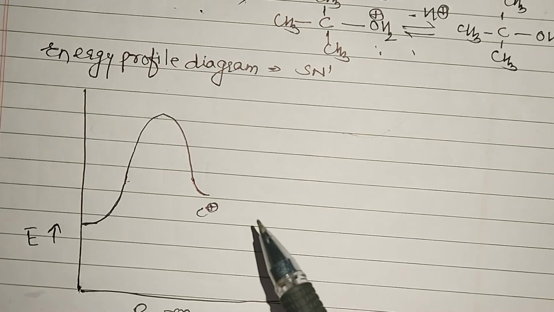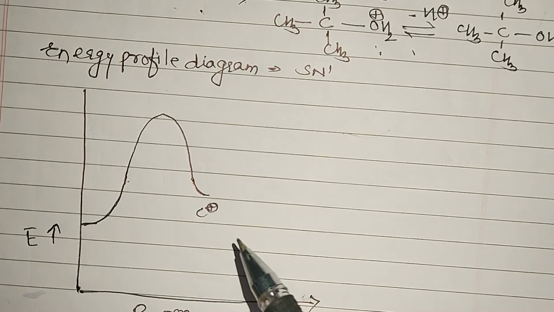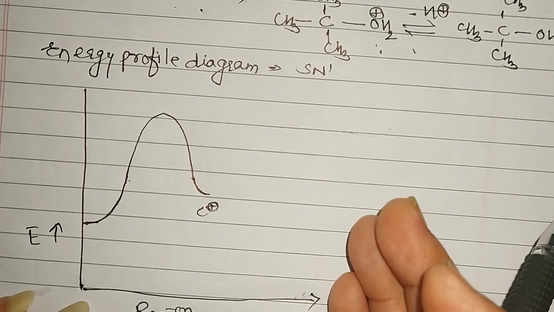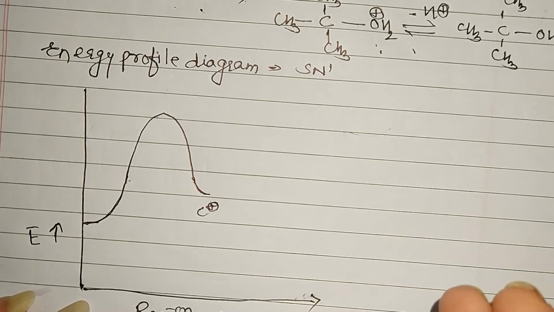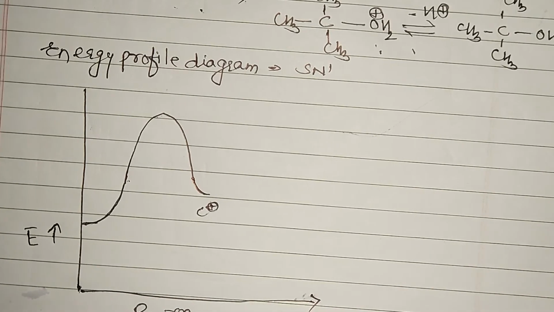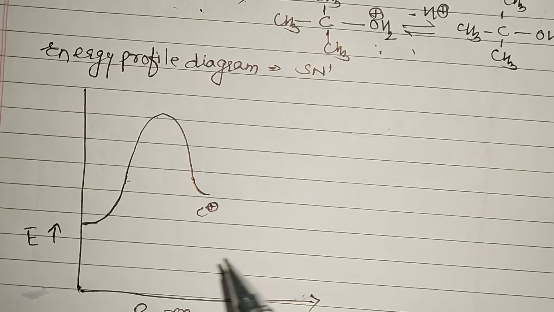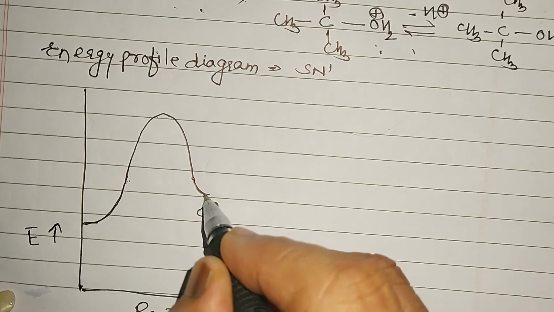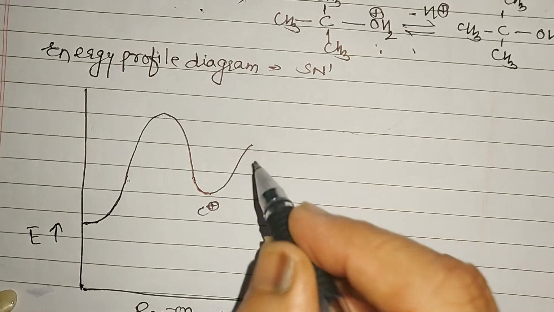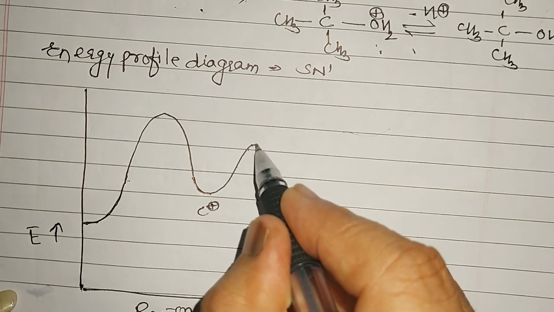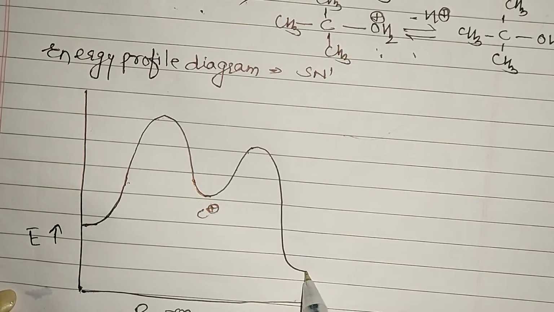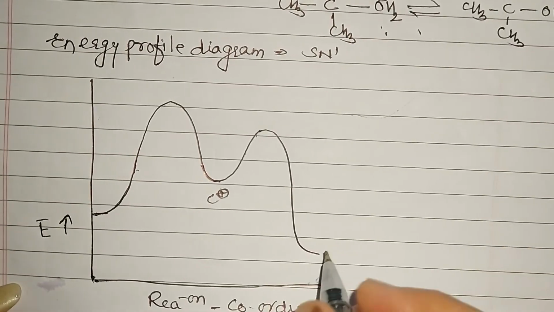After that the second step starts. In this second step, the nucleophile, that is OH negative, starts to attack the carbocation. As it starts to attack the carbocation, the reaction energy will increase, and when it is completely attached, then we see that the energy is decreased, and here we get the product.